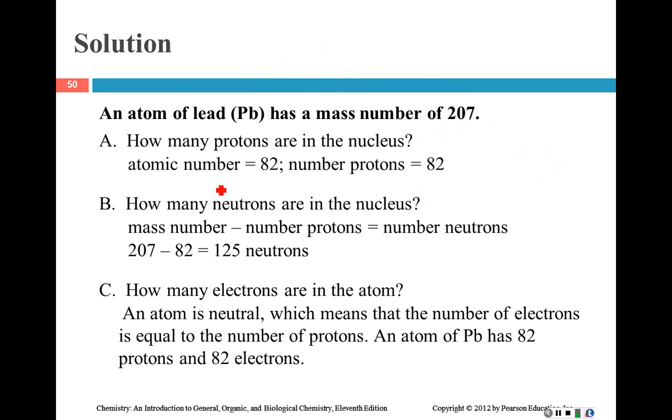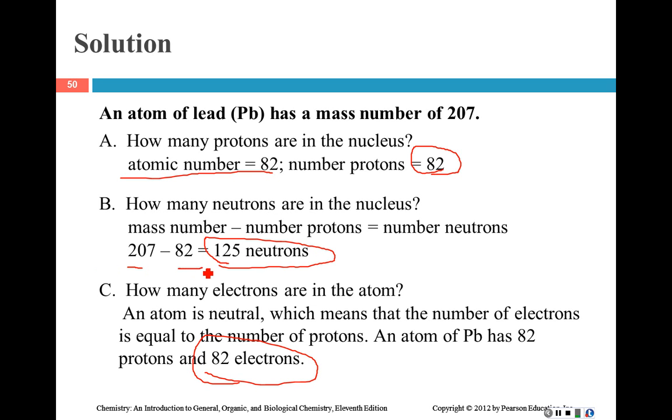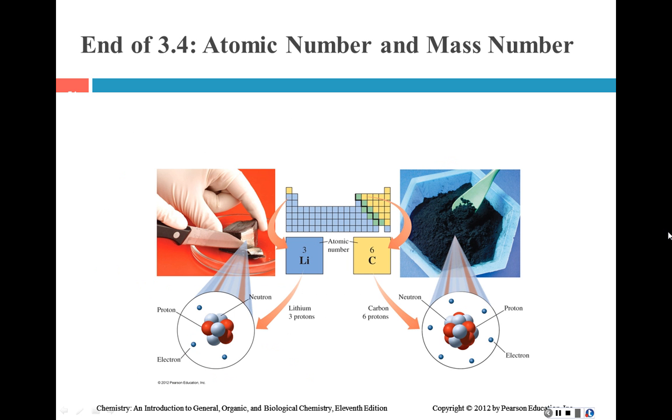And so 207 minus 82, 125 neutrons. So lead, whose atomic number is 82, has 82 protons, 82 electrons, and 125, which is the mass minus the number of protons, neutrons.